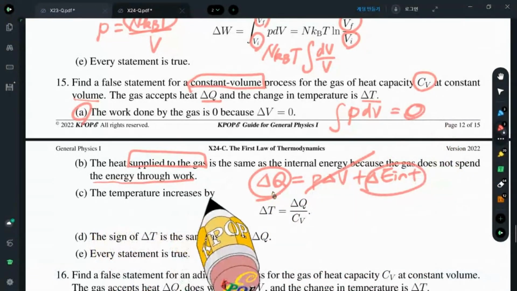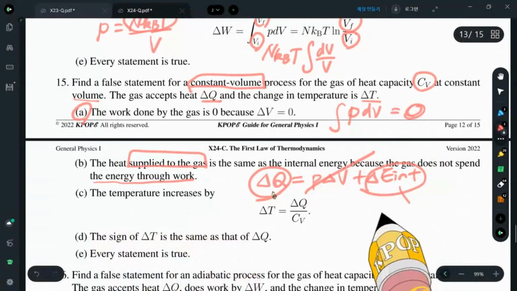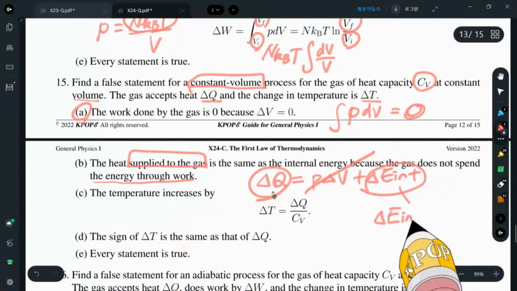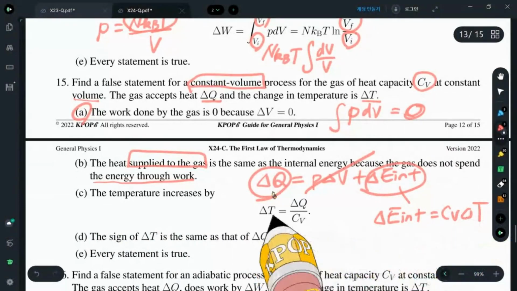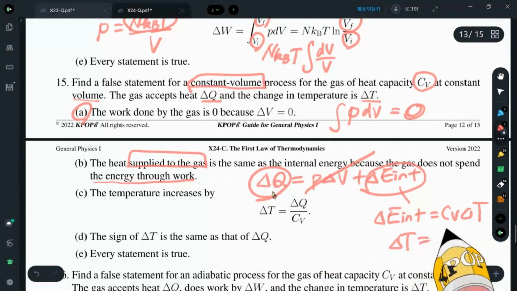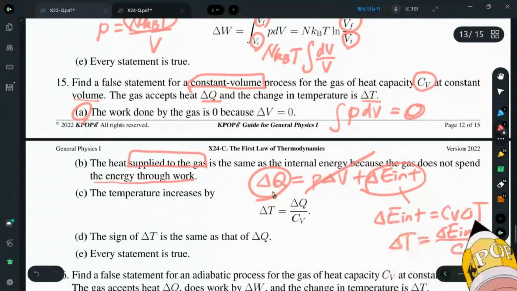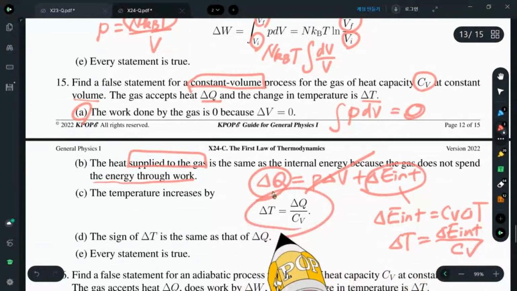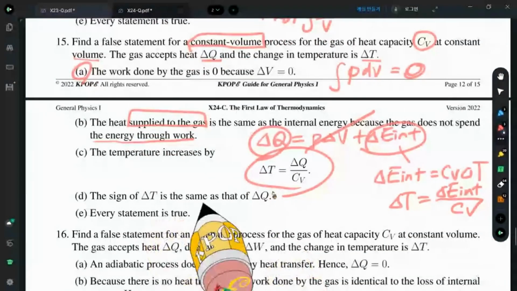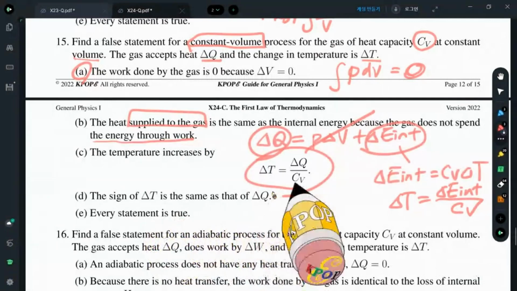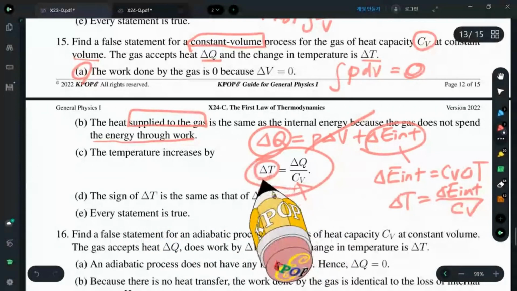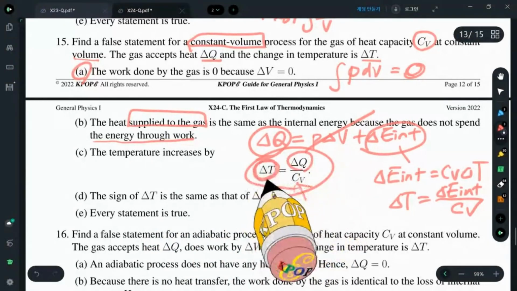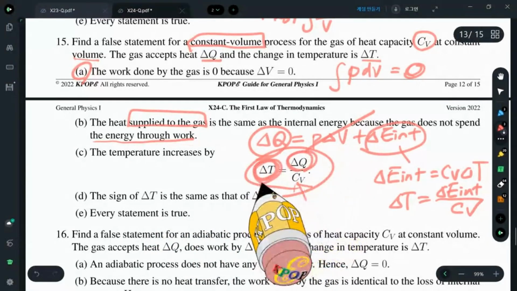The temperature is increased. The change is always expressed in terms of CV delta T. So delta T is delta internal energy divided by CV, right? The sign of delta T is the same as that of delta Q because CV is positive definite. If it is positive, it is positive. If it is negative, it is negative.